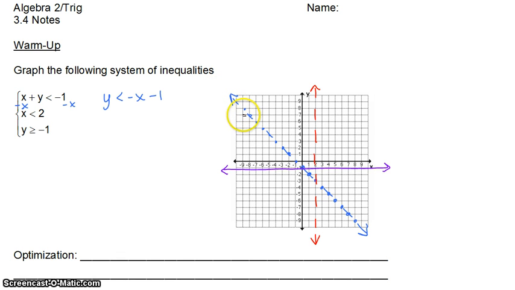So right now, below the blue and left of the red is going to leave me just with this piece inside of here. And then last, I want above the negative 1. So my feasible region, or where those three are all overlapping, is going to be right there. That's the only piece that's going to be shared by all three graphs.